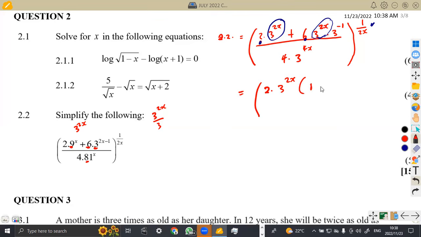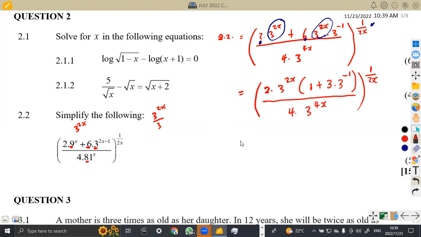Here we're going to remain with 1 plus, if you factor out 2 from this 6, we are going to remain with 3. So this is going to be 3 by 3 to the exponent of -1, everything over, because this part you can't factorize, so you just write it as 4 by 3 to the exponent of 4x, and everything to the exponent of 1 over 2x.